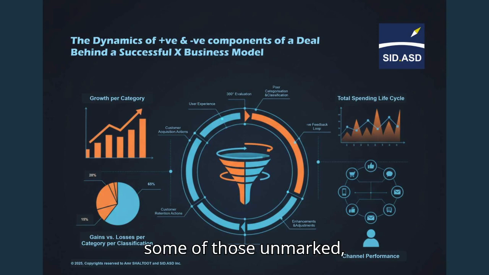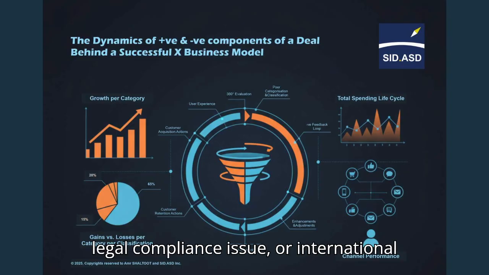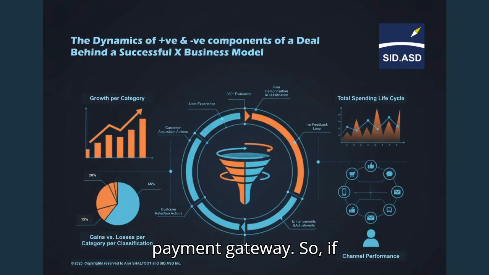So you can see some of those slices comprising your pie, unmarked and unweighted. This could be something in the shadows, like legal compliance issue, international payment gateway.